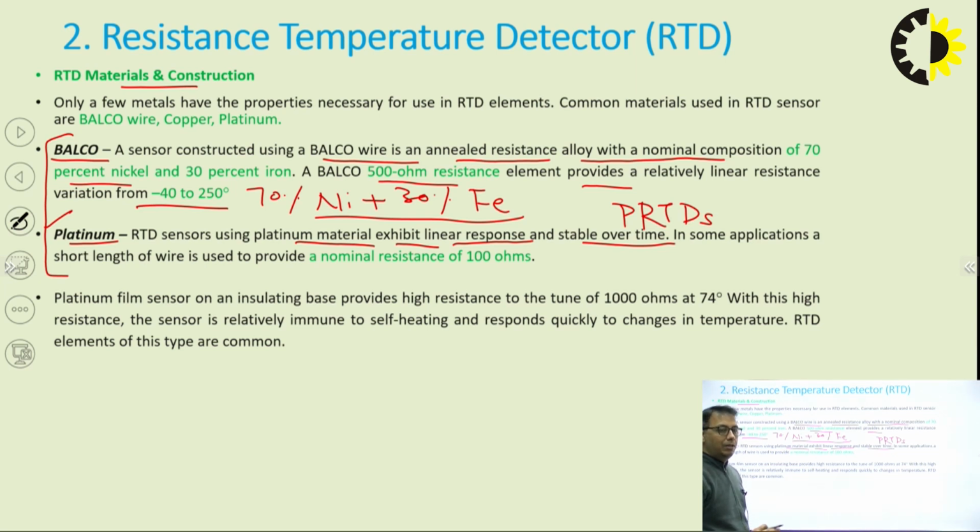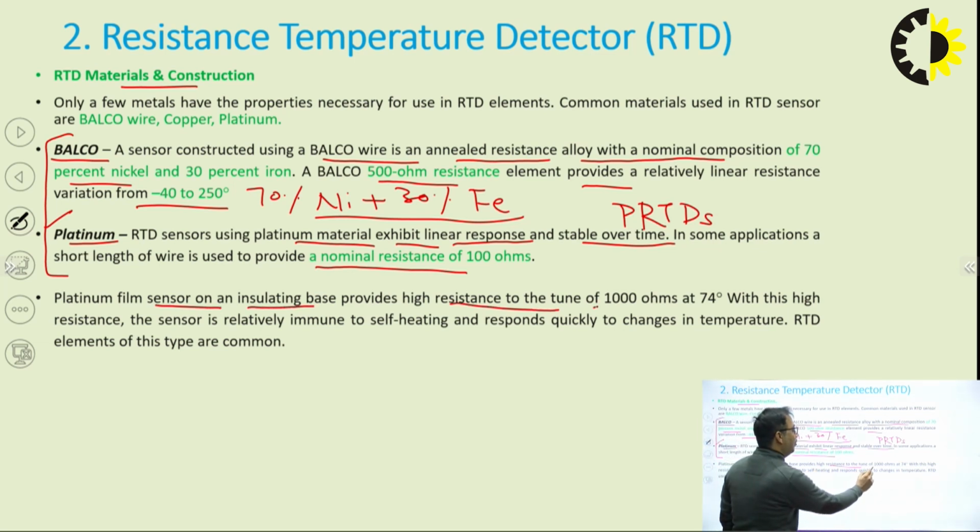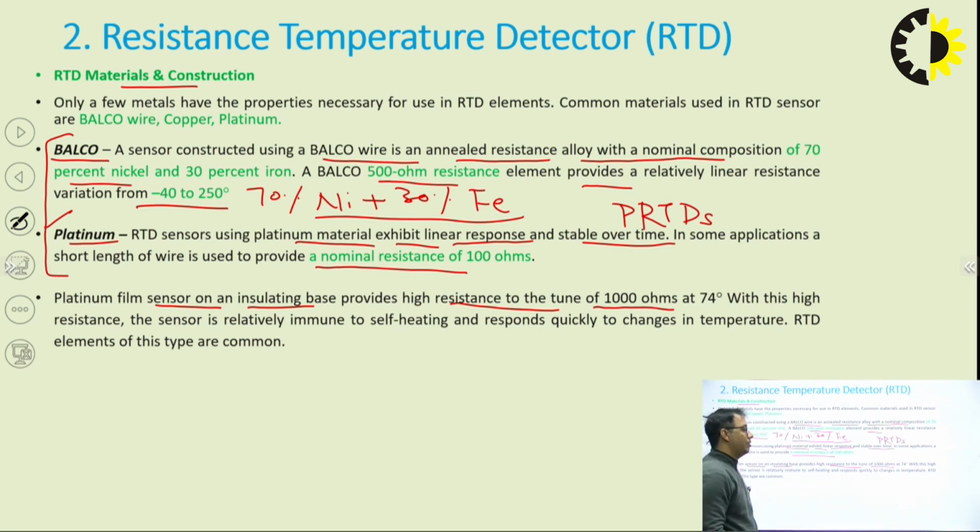It shows a very linear and stable relationship, and it has resistance up to 100 ohm. Platinum film sensors on an insulating base provide high resistance to the tune of 1000 ohms at 74 degrees Celsius.